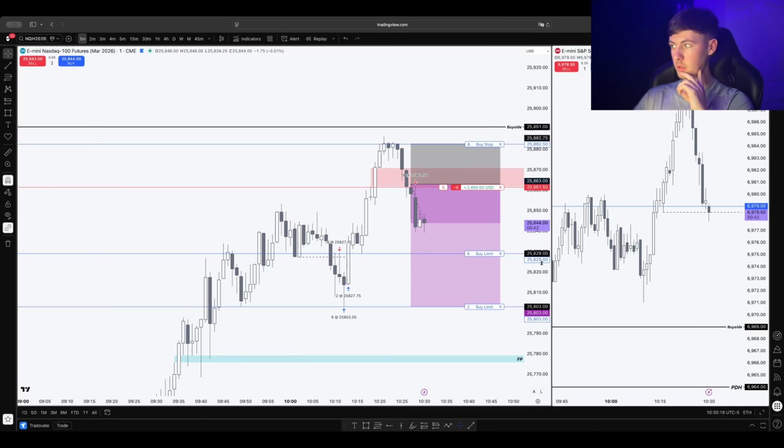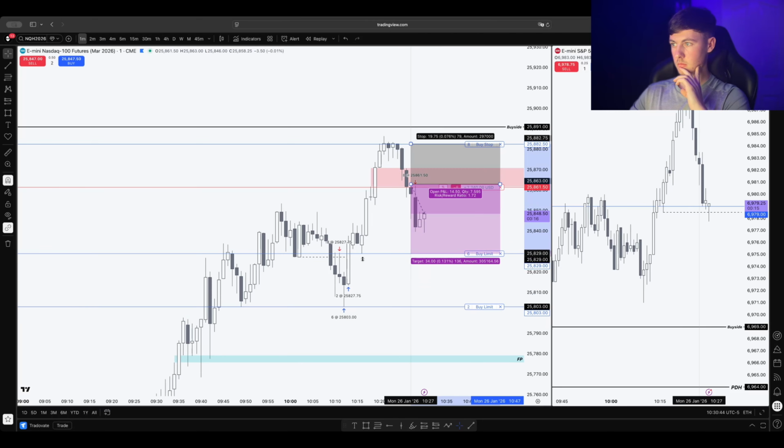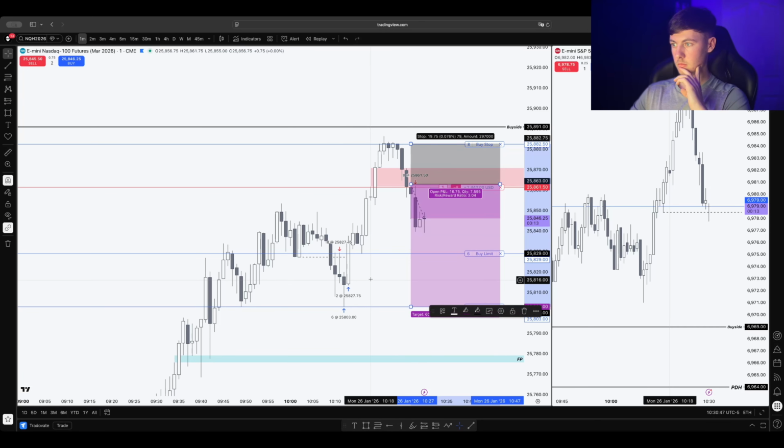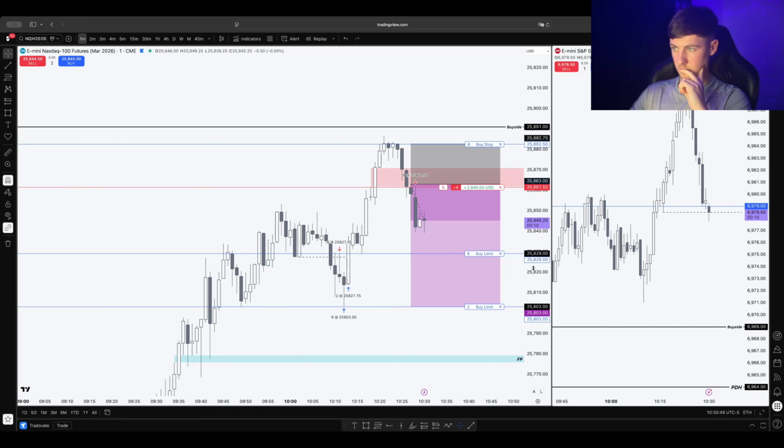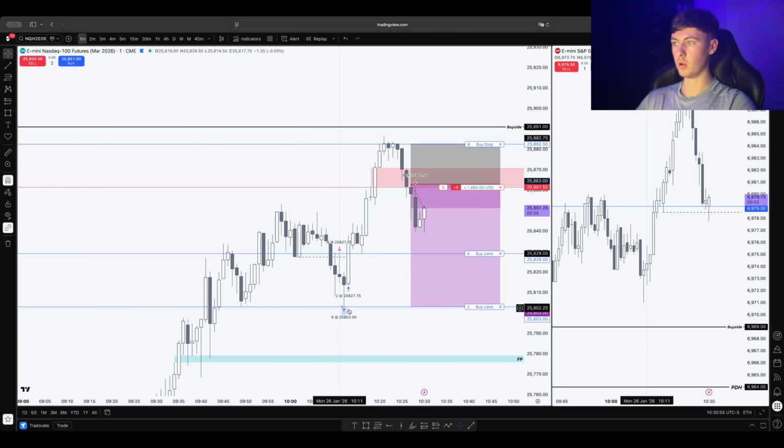Okay, let's see if we can hit TP1. But yeah, I mean, I just have to hold a runner off all these equal lows below price.